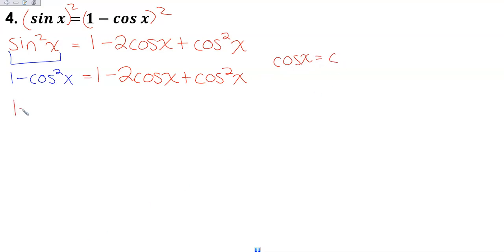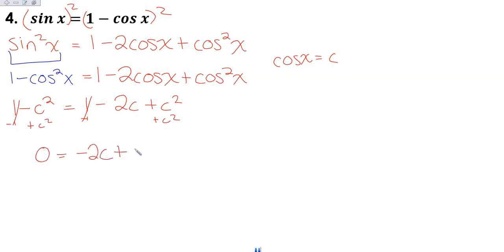So over on this side, I'm going to get 1 minus c squared. And over here, I'm going to get 1 minus 2c plus c squared. So we are going to subtract 1 from both sides. These will zero out. And then we're going to add c squared to both sides. So I'm going to get 0 equals negative 2c plus 2c squared, excuse me.